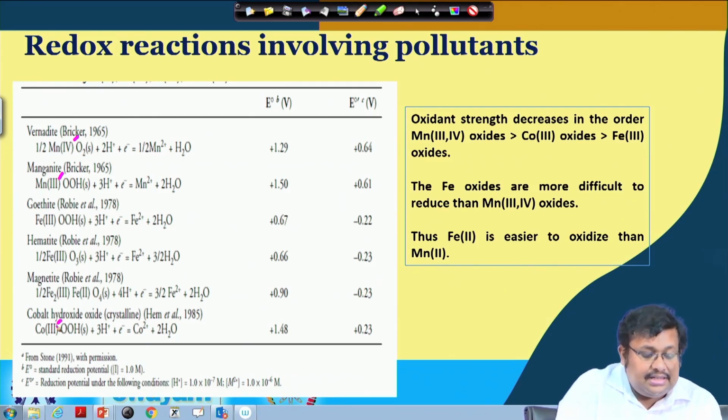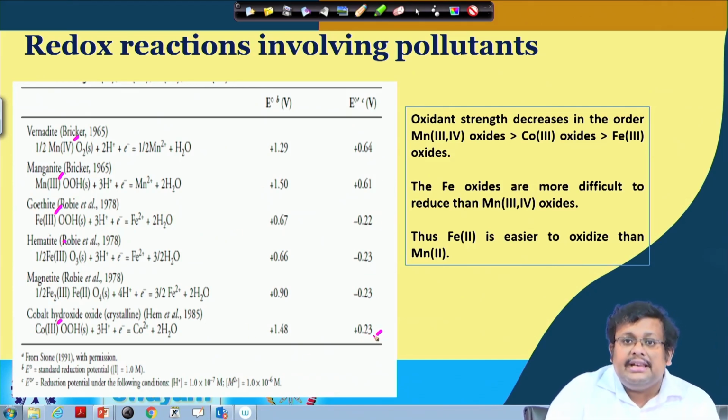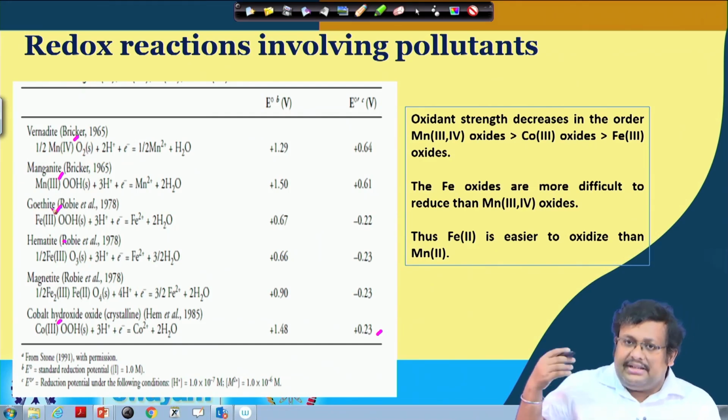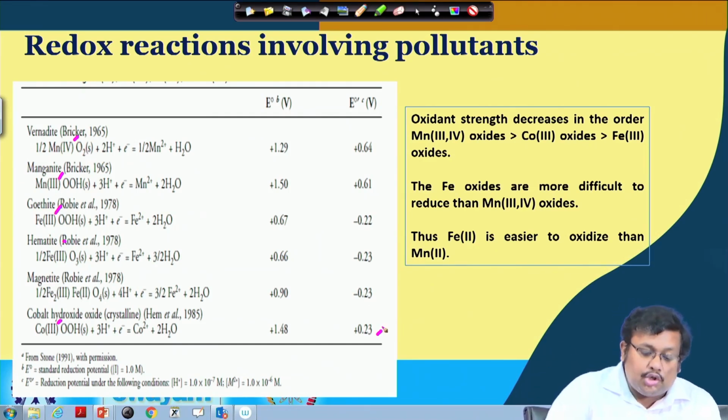This is the oxidant strength based on the standard redox potential. In case of Mn4 in both conditions it is positive, followed by cobalt, and then in case of iron it is already negative. So, obviously, among all these the manganese Mn4 and Mn3 will show the highest tendency to get reduced, followed by cobalt and then Fe3.